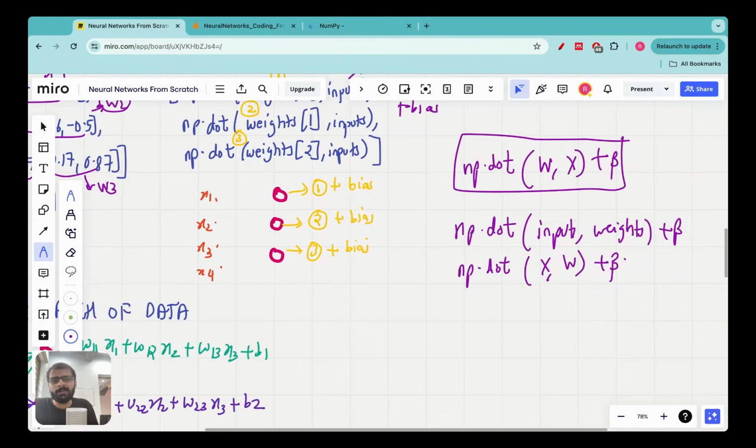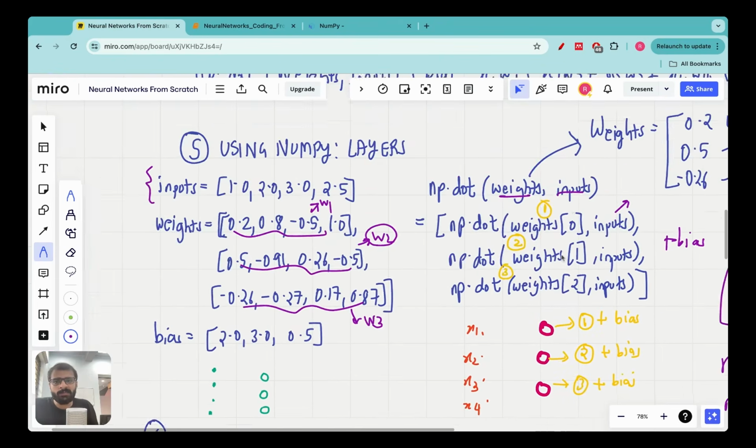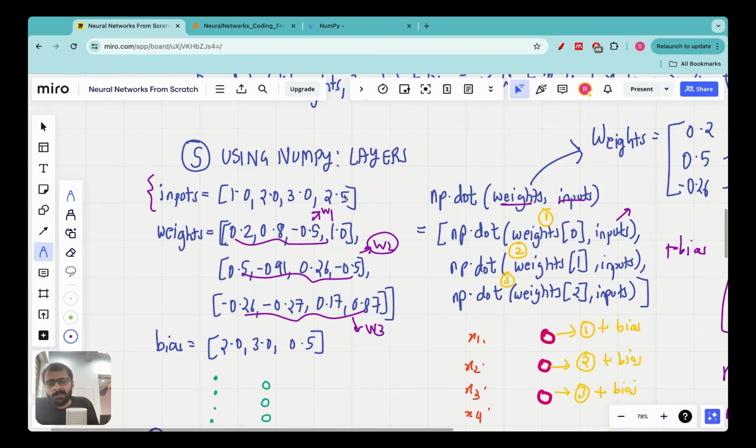Okay, so let me tell you the answer. Remember, if you write this, I told you the rows of the first element will be multiplied by the columns of this, correct? Which means the inputs will be multiplied by these weight values, and that is meaningless because these weight values do not correspond to one neuron. What I've highlighted here is the first element of the three neurons.